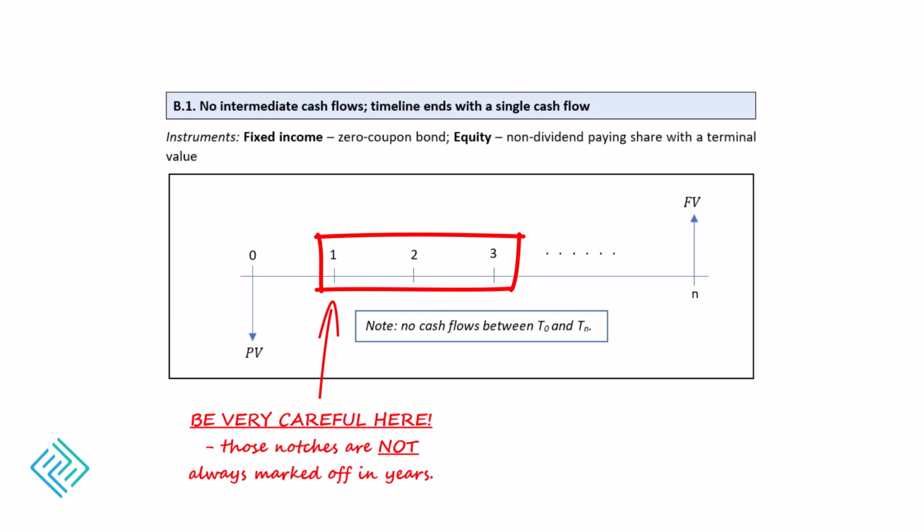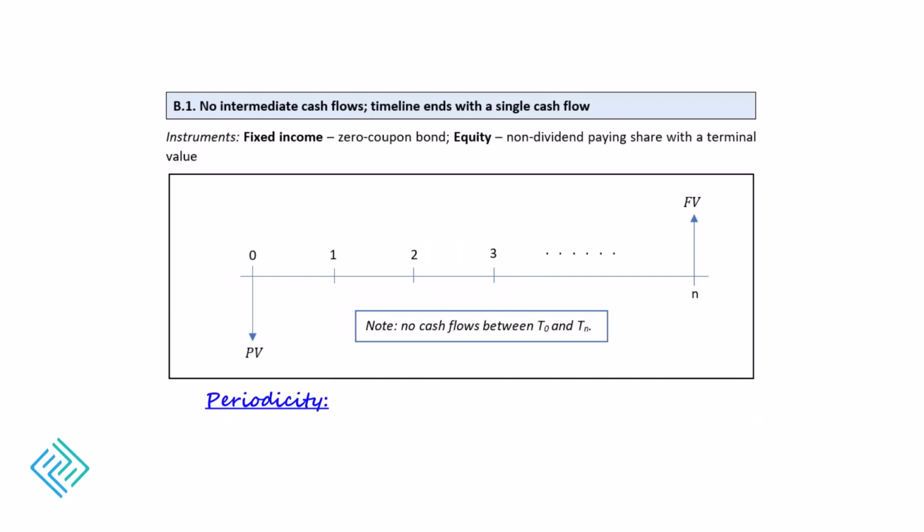But the periods that you count on your timeline must match the periodicity of the compound rate that applies in the situation. Although I discuss periodicity issues in detail elsewhere in this crash course, I note briefly here that if the discount rate is compounded monthly, then you have 12 periods or notches on the timeline for every year.